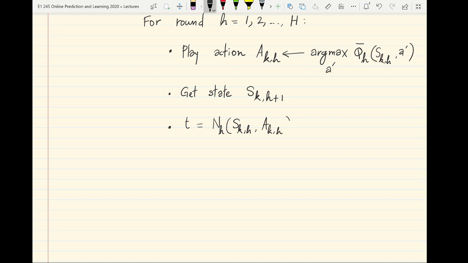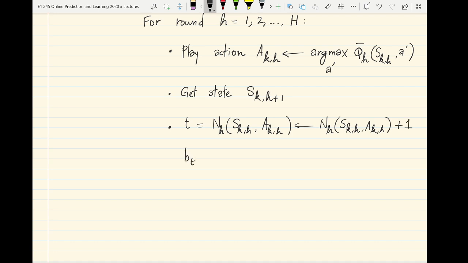This is just the notation for the number of times that state action pair s_k^h, a_k^h was visited. And so this is just set to be N_h plus 1. So update this state action pair play count by 1, because you just played action a_k^h at state s_k^h.